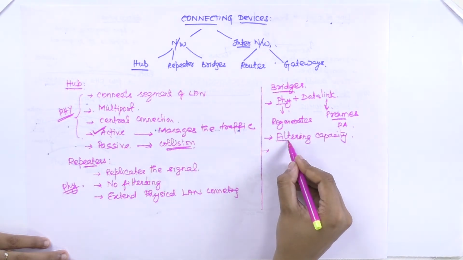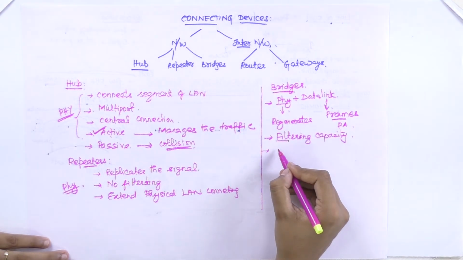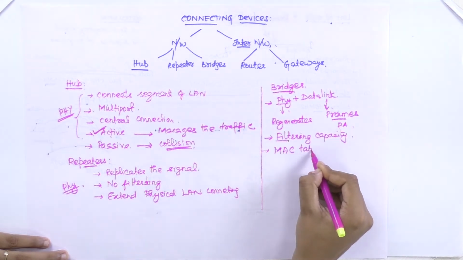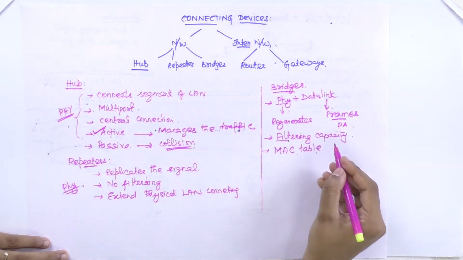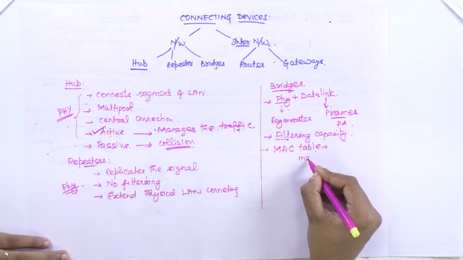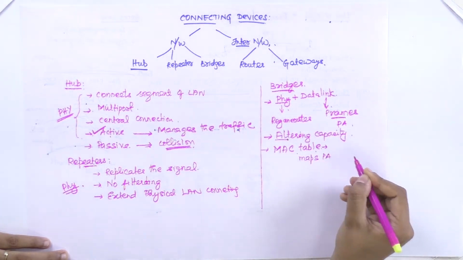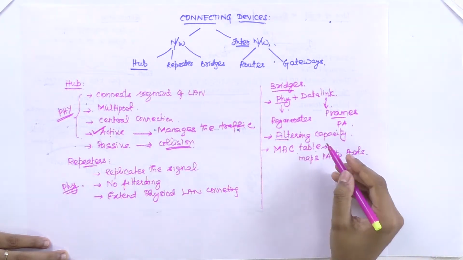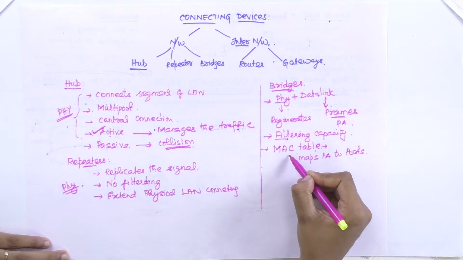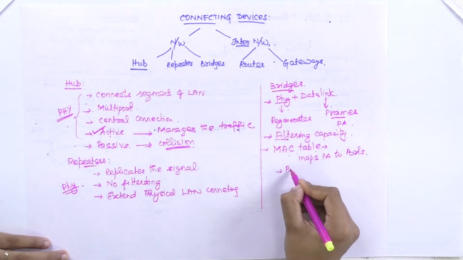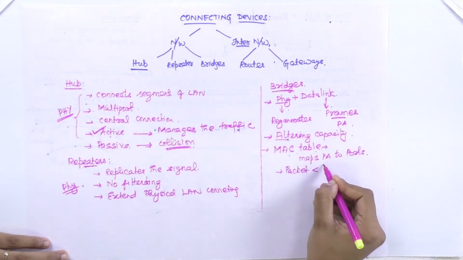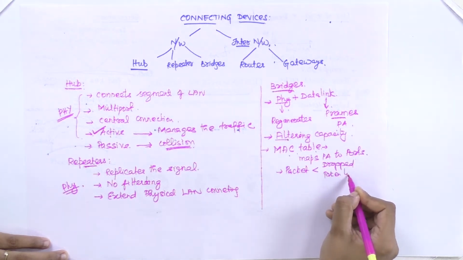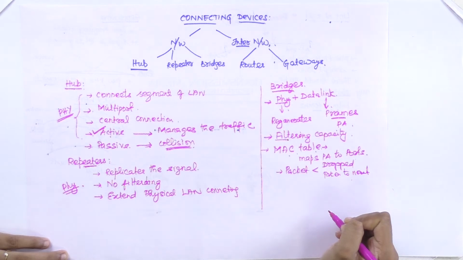How does it check for filtering? It possesses a table called the MAC table. The MAC table maps the physical address to the corresponding ports so that it can check whether a packet should be dropped or taken to the next device.